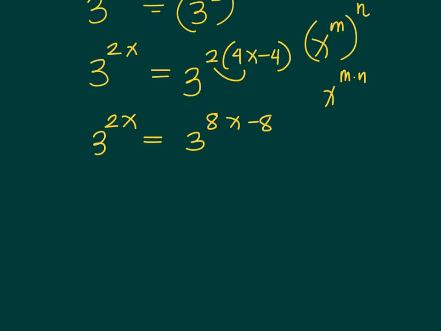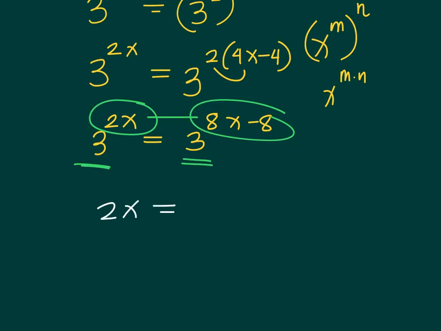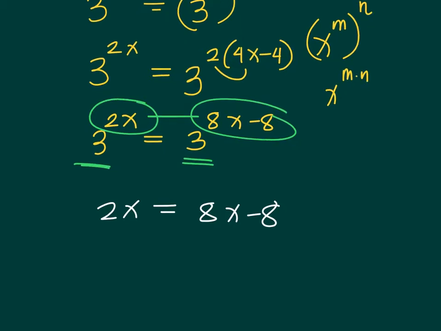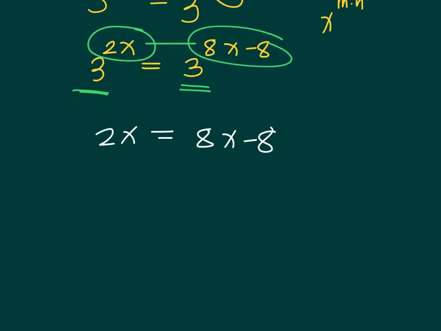Now, we use the idea that if the bases are the same, then it should follow that the exponents must be the same. Therefore, we can continue by saying 2x is equal to 8x minus 8. Solving this equation, we can subtract both sides by 2x, and this is 0 is equal to 6x minus 8.